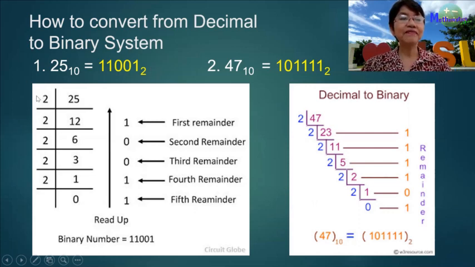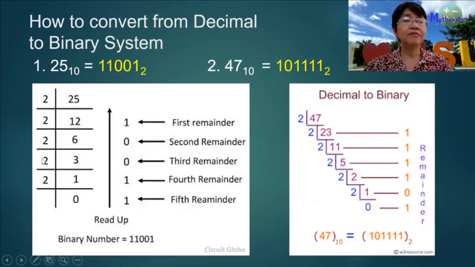So we divide 25 and the answer is 12. 25 divided by 2 is 12, but you have a remainder 1. 12 divided by 2 is 6. You have no remainder, so that's 0. 6 divided by 2 is 3. Again, you have no remainder, 0.